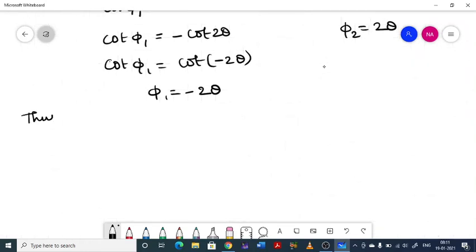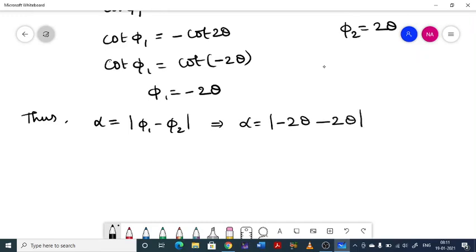Thus the angle of intersection alpha equal to modulus of phi 1 minus phi 2. That implies alpha equal to phi 1, that is minus 2 theta, minus phi 2, 2 theta. So minus 2 theta minus 2 theta gives minus 4 theta. Taking modulus, we will be getting alpha equal to 4 theta.